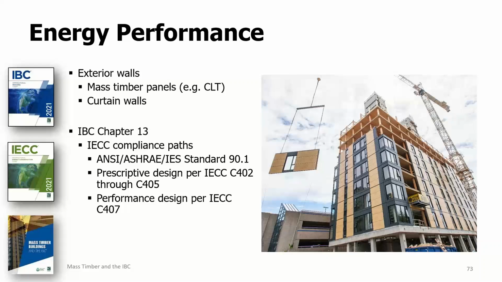Now, usually for your mass timber, if you're doing opaque envelope, you're looking at the walls. And they're either going to be the mass timber panels or curtain walls. Curtain walls are also very, very common. And those are going to be the same type of curtain walls that you would have designed for any other type of building. So we're just going to talk mostly about the opaque walls. Jason, could you advance for me?